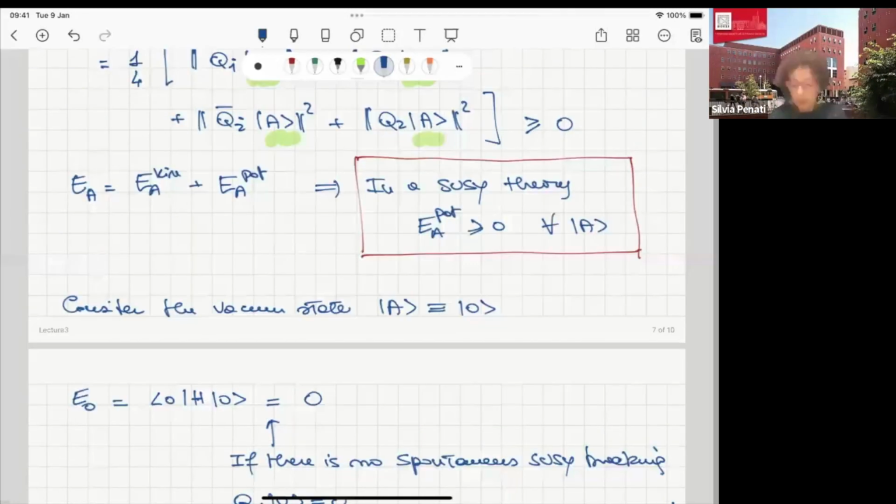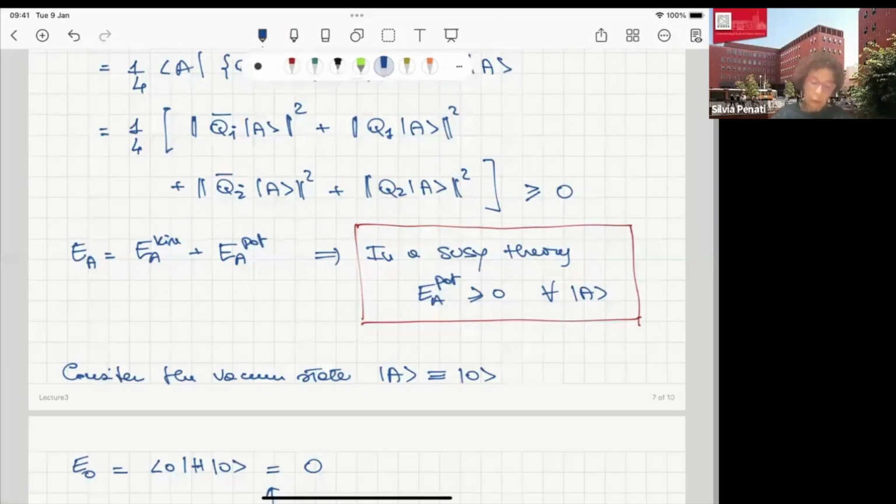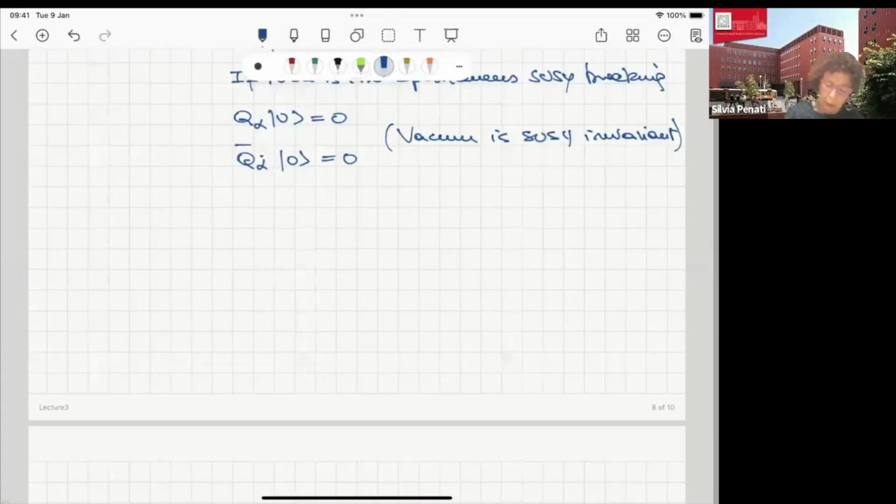From the previous analysis, what we find is that for any other state, as we found here, which is not the vacuum, the energy will be positive. Okay, so the situation is the following. Basically, what conclusion can we draw?